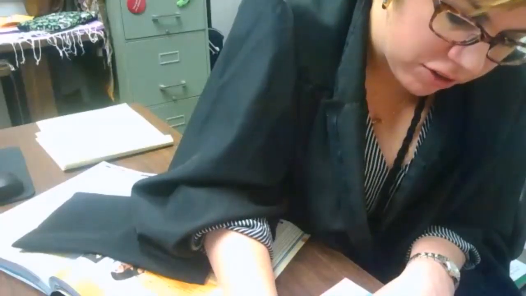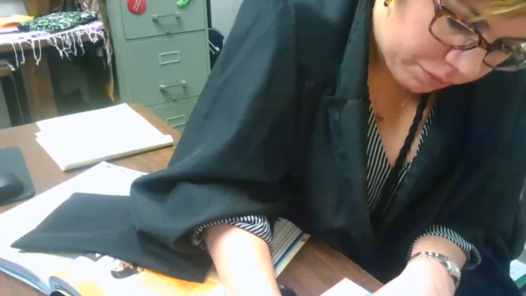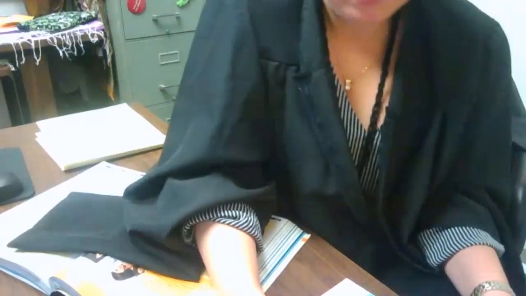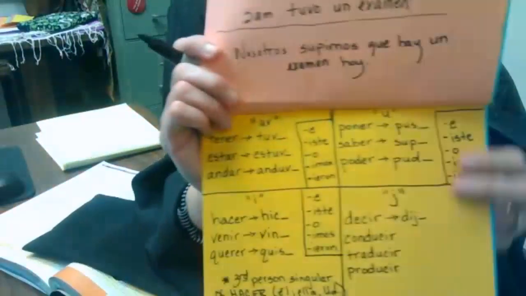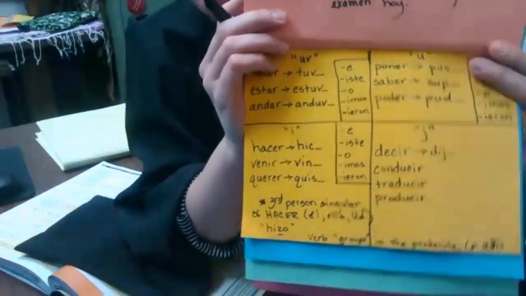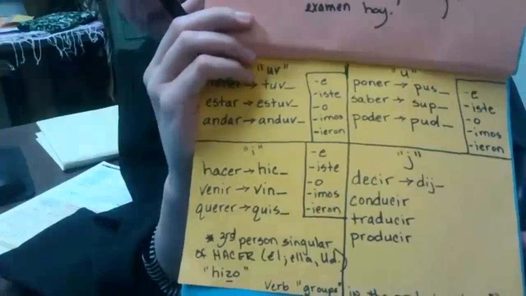Then we have some verbs that pretty much look alike. They're the cir verbs. They end in ducir. D-U-C-I-R.